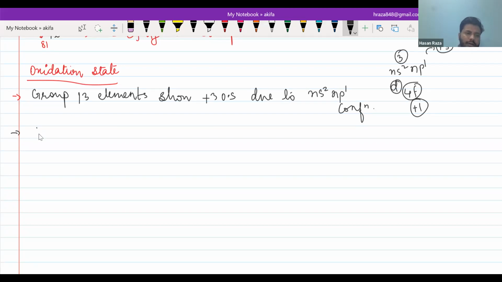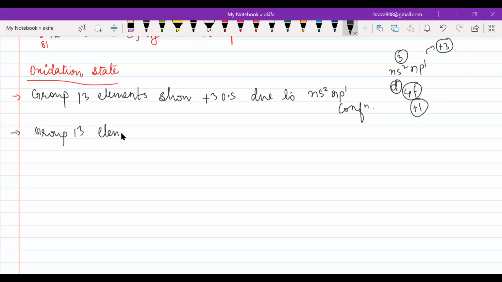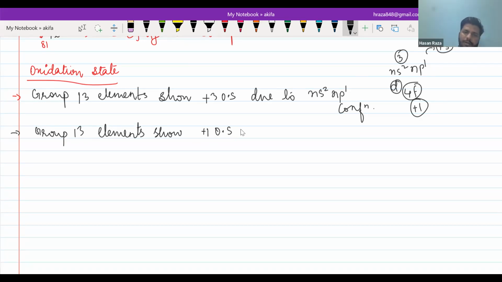Next point you can write, group 13 elements show +1 oxidation state due to inert pair effect. Due to inert pair effect, it can easily donate 1 electron. That's why it also shows +1 oxidation state.